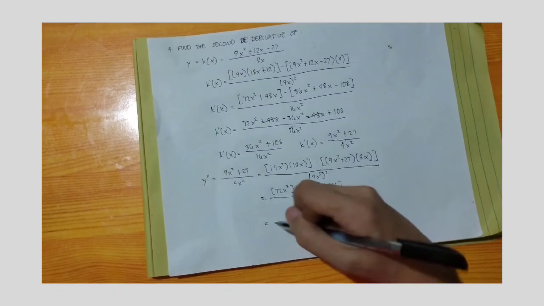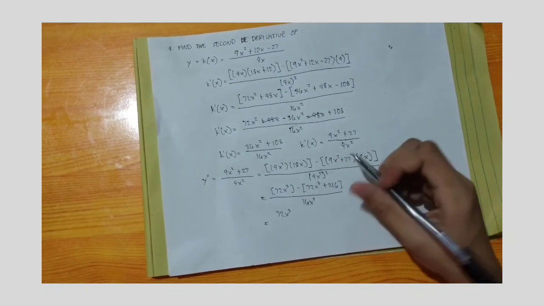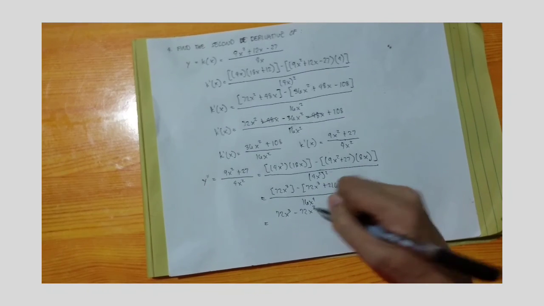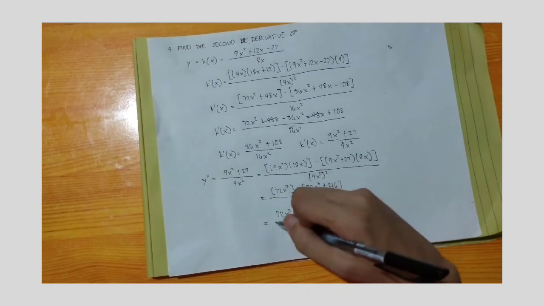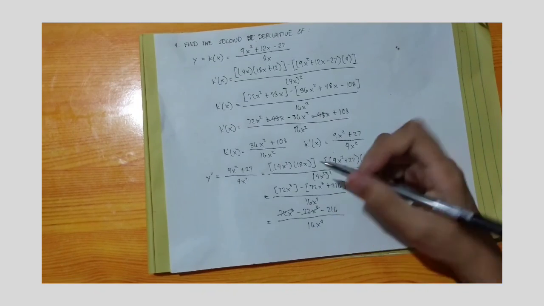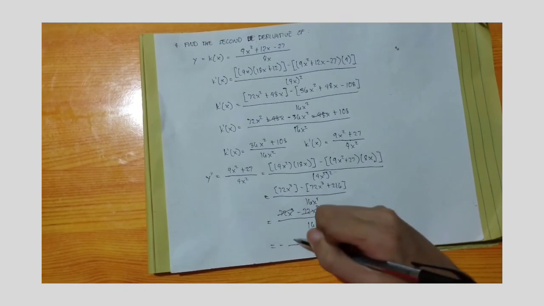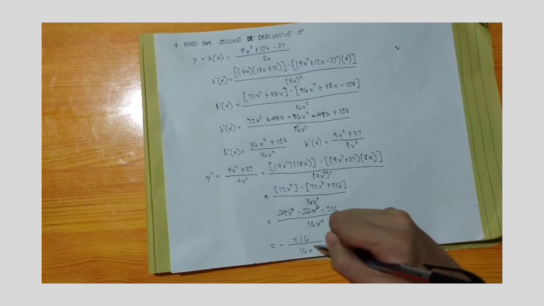So simplify again, we will have 72x cubed minus 72x cubed minus 216x all over 16x to the 4th. So we will have negative 216 all over 16x raised to the power of 3.